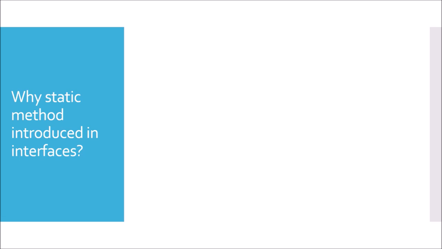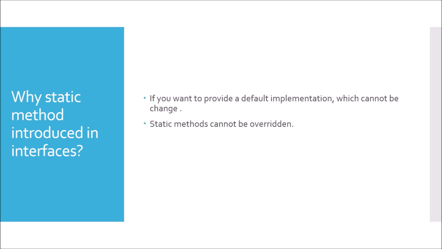Why was the static method introduced in interfaces? If you want to provide a default implementation which can't be changed, make it static in interfaces. Also, this static method has a body in the interface. We all know that static belongs to a class and static methods can't be overridden.